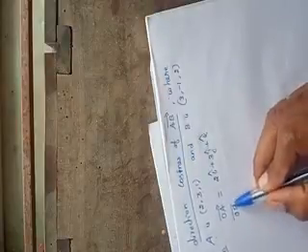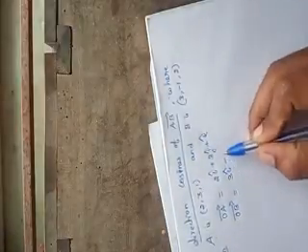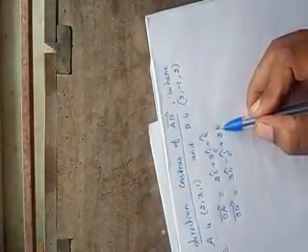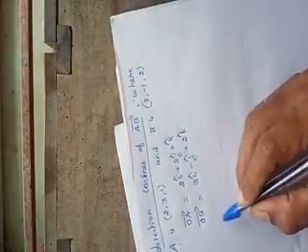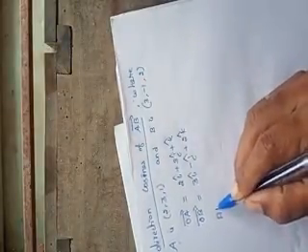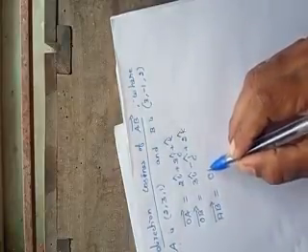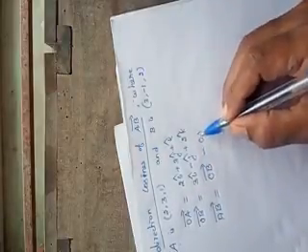That is 3 into i cap minus j cap plus 2 into k cap. Okay, now we have written OA vector and OB vector. Now we can find AB vector. We know the formula, that is OB vector minus OA vector.